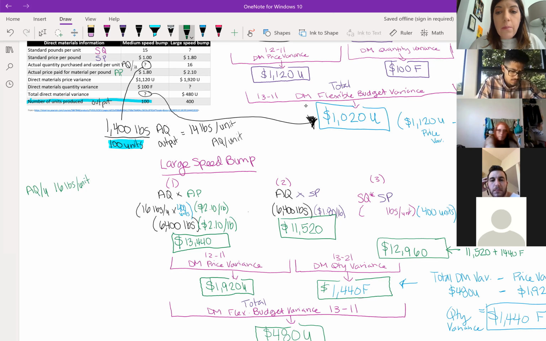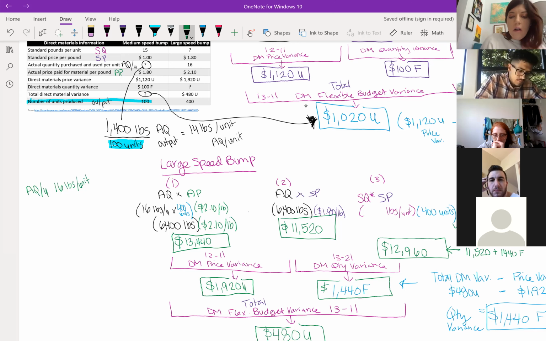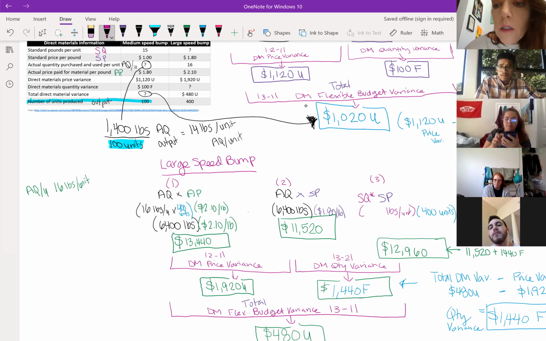Now we're trying to back into our standard quantity per unit. So we're going to use the information they give us. 400 units times $1.80 per pound. And I know it's not going to recompute correctly, but what's the multiplication here? That gives us a calculation. 720.